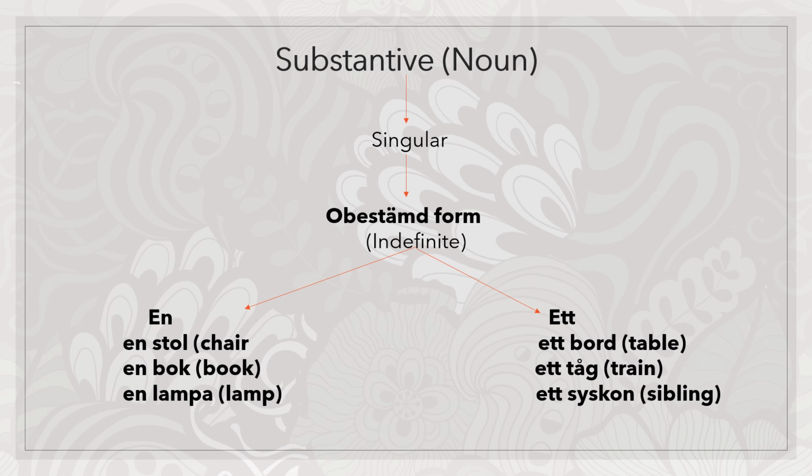Well, there is no specific rule to know which word is an en word and which word is an ett word. But by learning them and by reading them with en or ett, we will know and we will have practice.